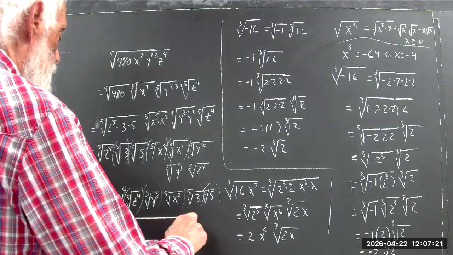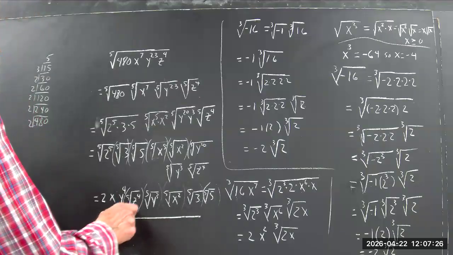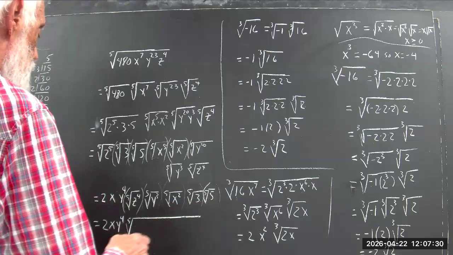and there's no reason to write that many fifth roots. We can just say we have the fifth root of z to the 4 times y cubed times x squared times 3 times 5.